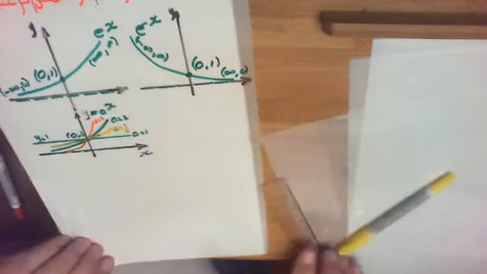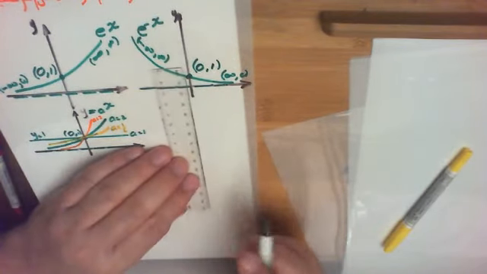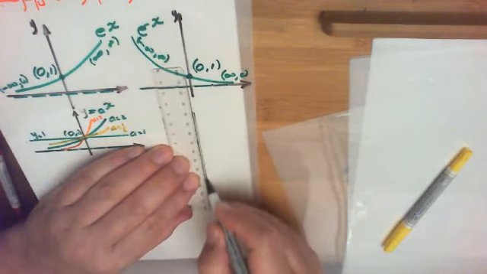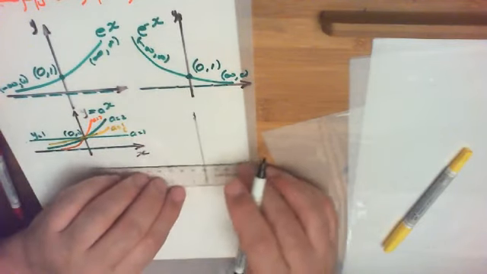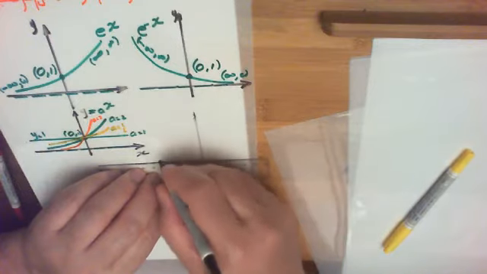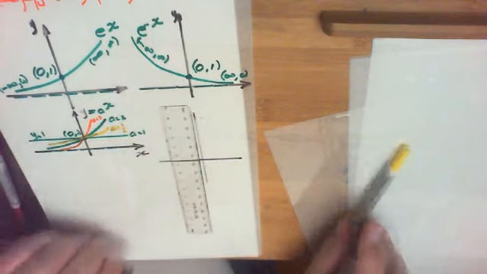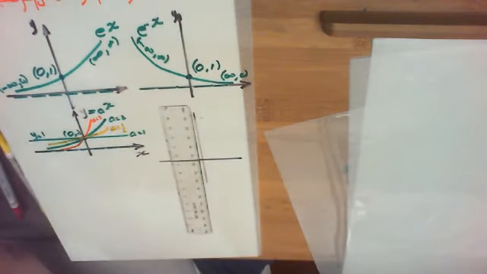Finally, the logarithmic function y equals ln x, as you remember, has the y-axis as its asymptote because it is the inverse of y equals e to x.